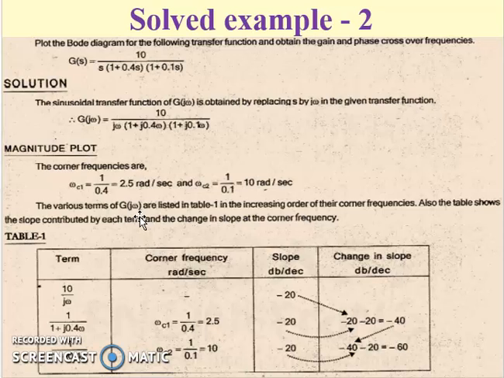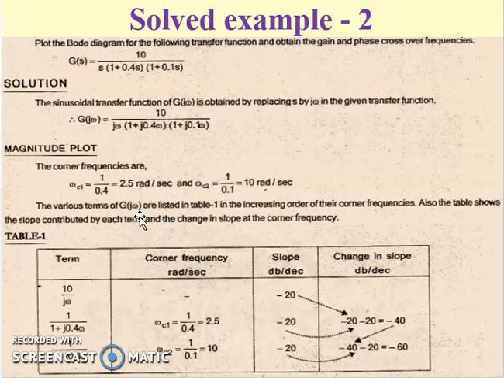Hence, our sinusoidal transfer function G of j omega becomes 10 by j omega into (1 + j0.4 omega) into (1 + j0.1 omega). Again, this question has three terms, and the first term, as you can see, is an integral term. In the previous question we had a derivative term and K was given, and we substituted K equal to 1.